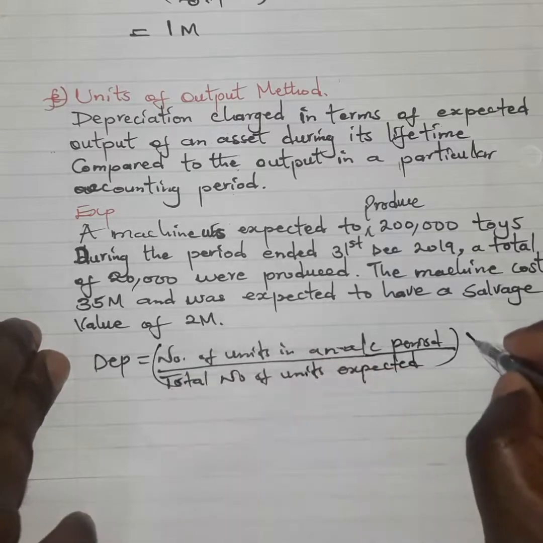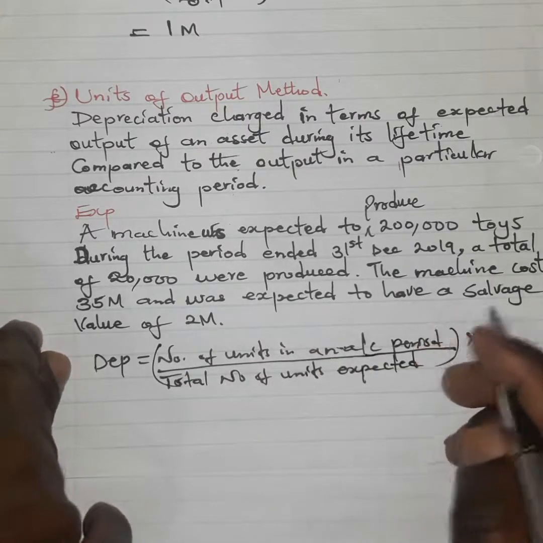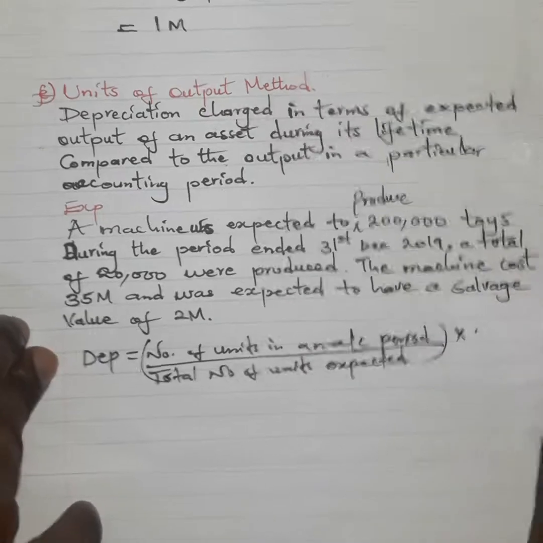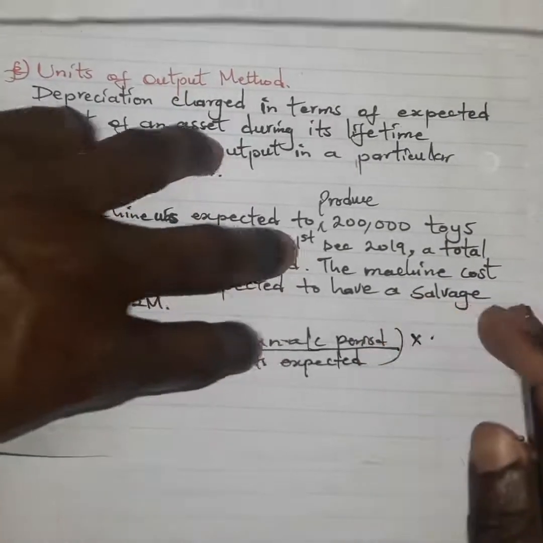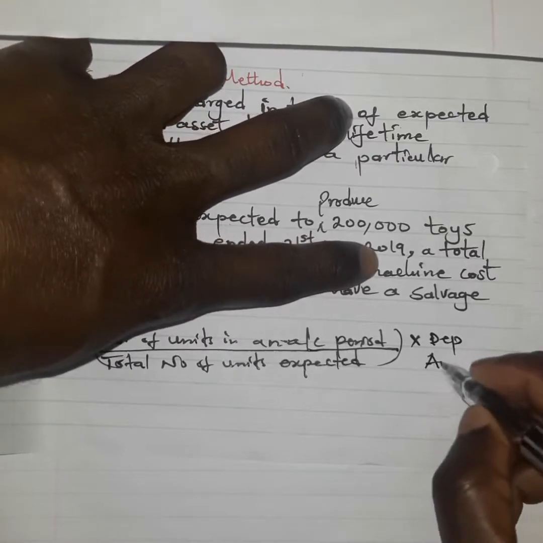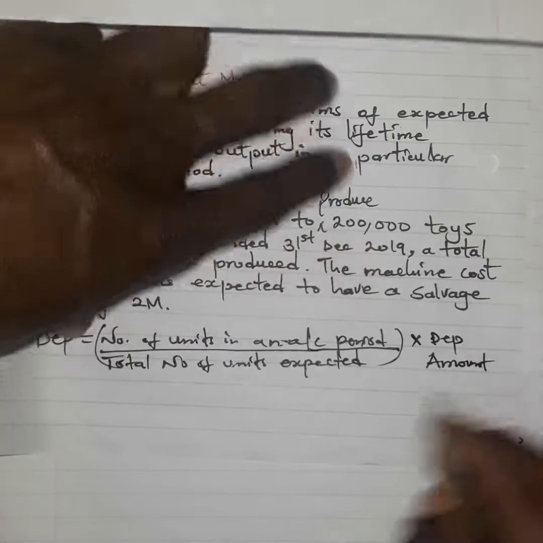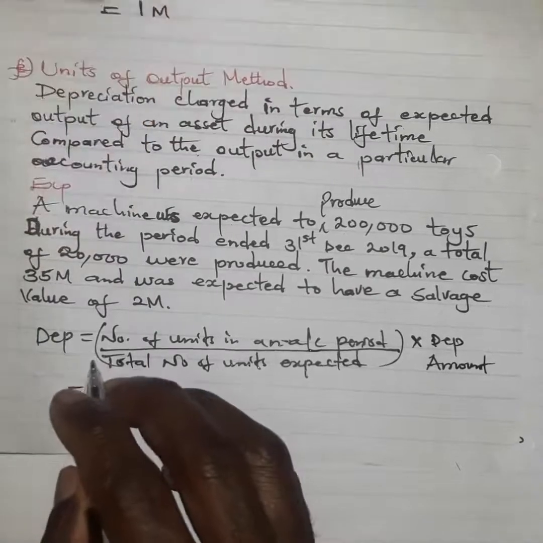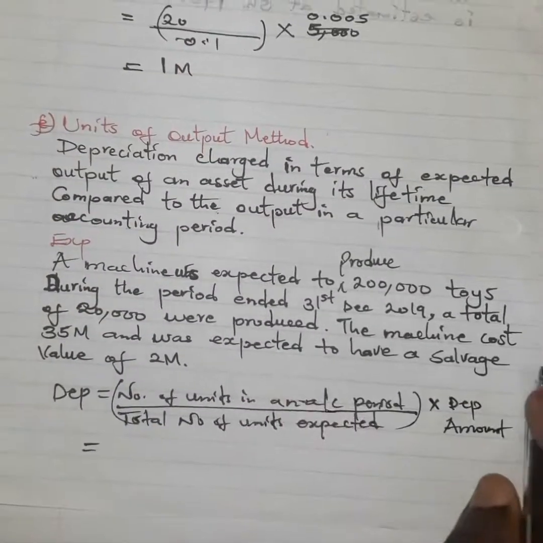You multiply everything by the depreciable amount, the amount which is being subjected to depreciation.